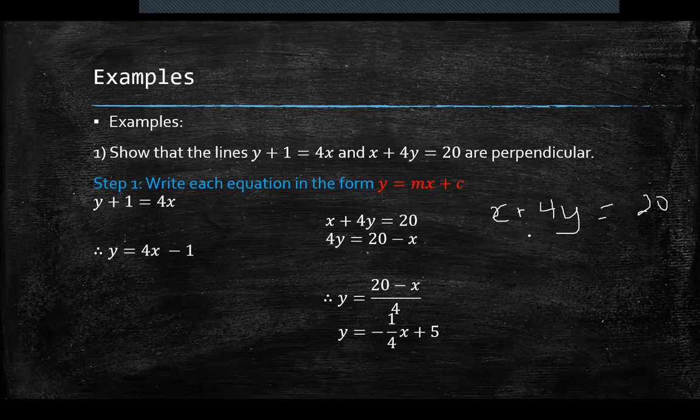So what we would do in this case is subtract x from both sides. So we end up with 4y is equal to 20 minus x.